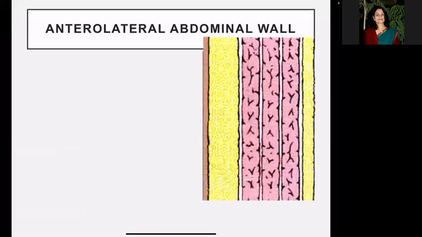As I told you, the anterior abdominal wall is very much elastic and is made up of layers which allow it to expand during collection of fat, flatus, that is gas, or fluid, and also importantly, the fetus.